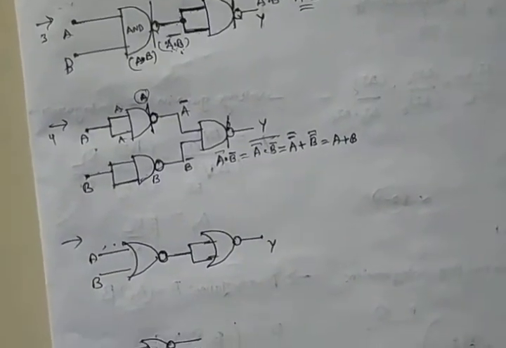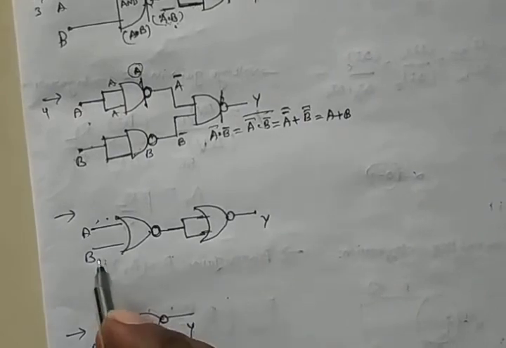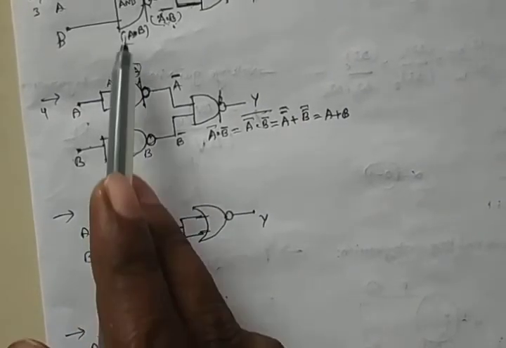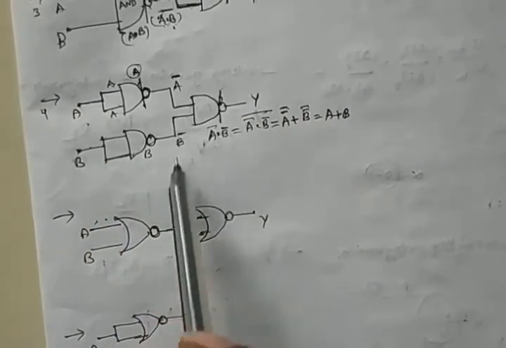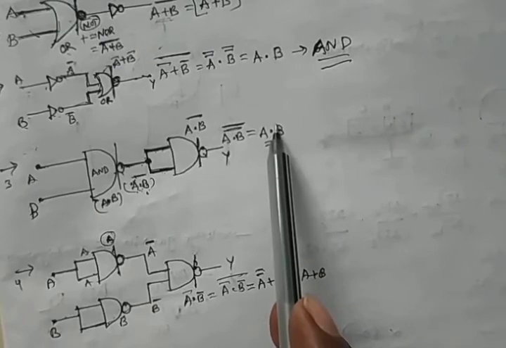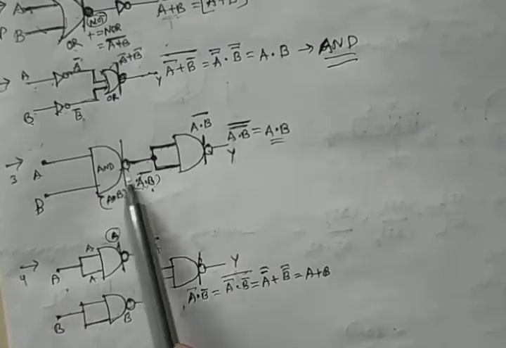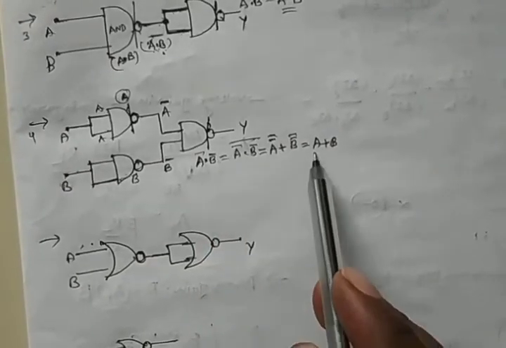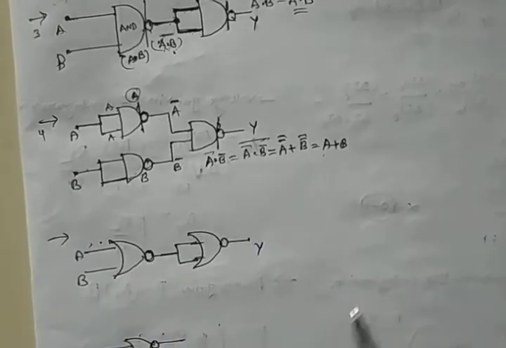Next, that means by using these two NAND gates we can construct an AND gate. The construction of AND gate is with the help of two NAND gates. The construction of OR gate is with the help of three NAND gates. Now this gate is called what? NOR gate.